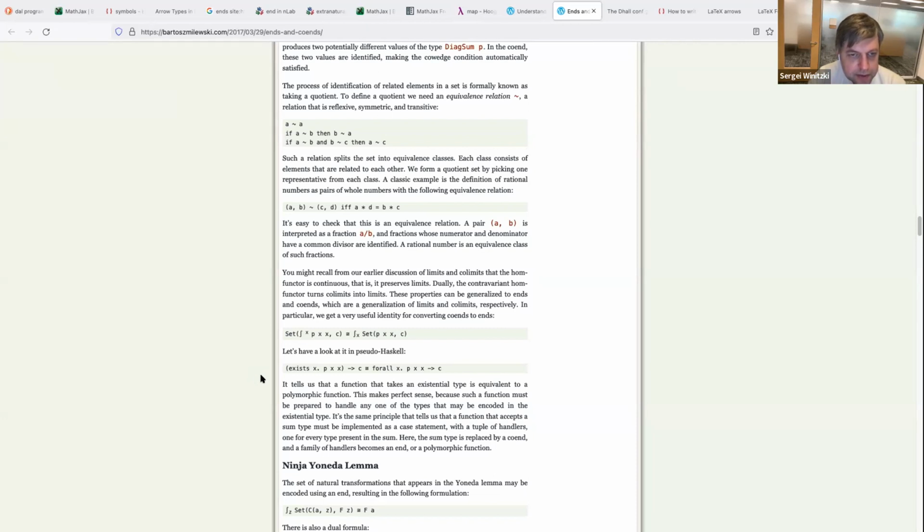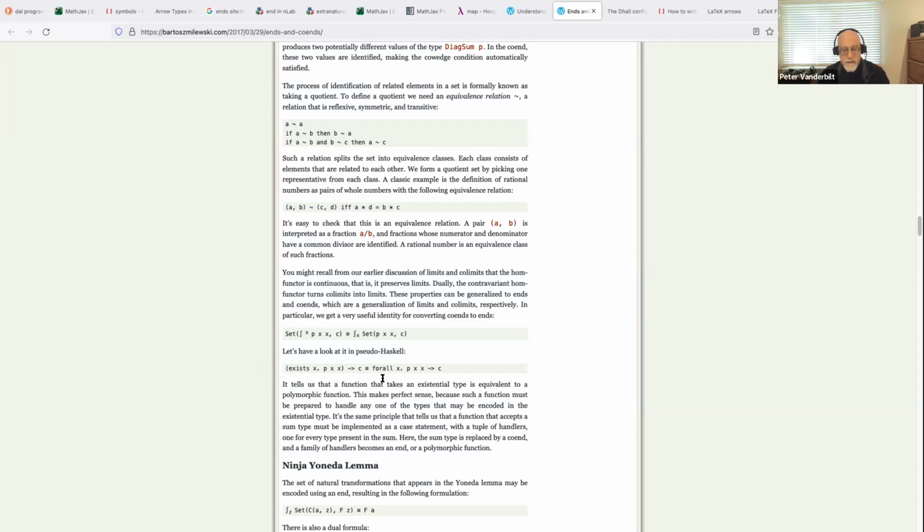I see. So he's just using Haskell code for the end, because there's no Haskell keyword for exists. But that equivalence is just sort of currying, right?